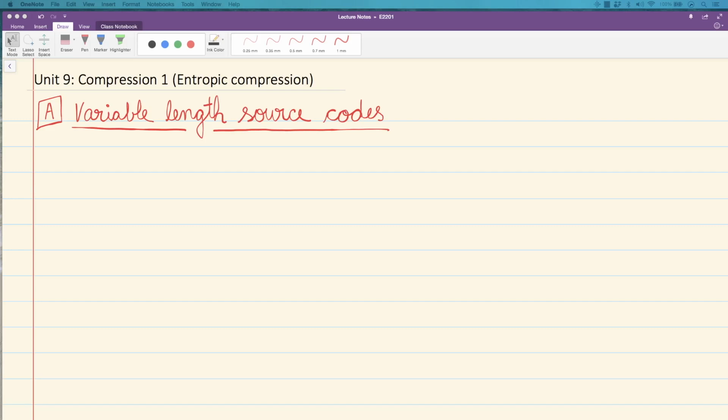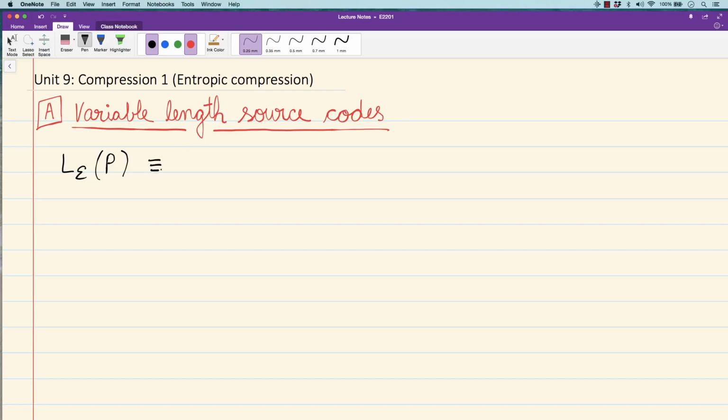So, this first lecture, I'll start by looking at variable length source codes. We have already introduced the source coding problem. Just to refresh your memory, we had introduced this quantity L epsilon P, and we were looking at its mathematical properties.